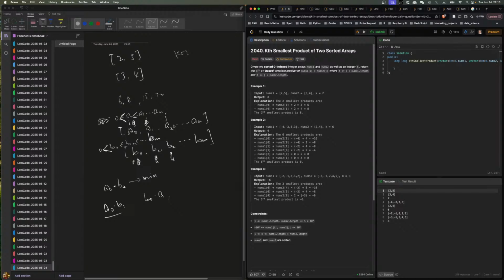Okay. Then how do you know at which position a product is? Just say this example, right? Let's say 11.